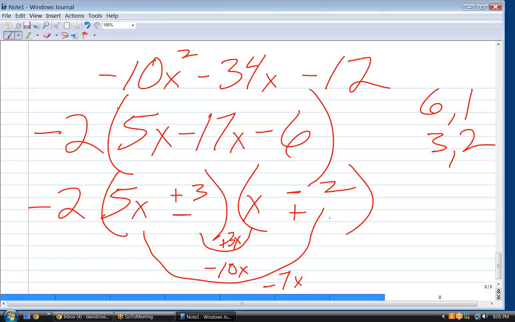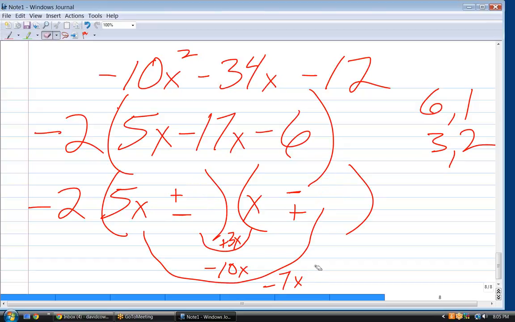There's no point in even trying it. So I might possibly try 2 there and 3 there, but I can see that doesn't give me minus 17x either. Right. So 3 and 2 aren't my numbers.